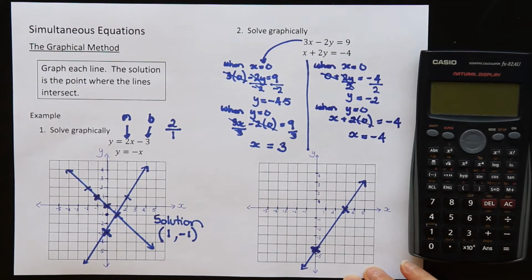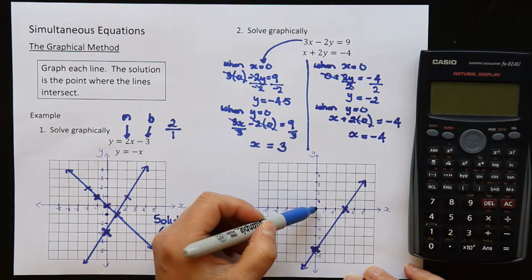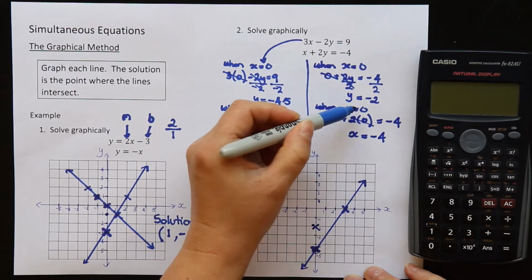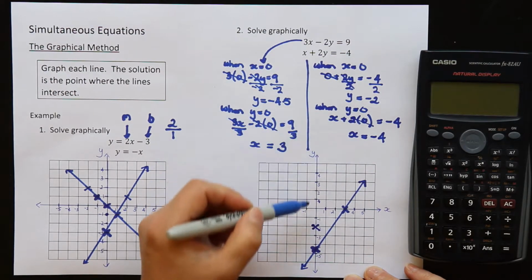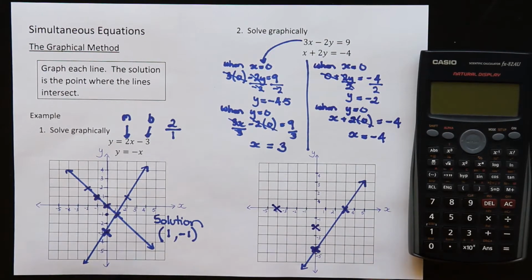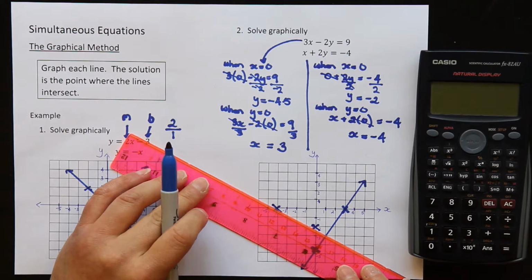Let's sketch that. When x equals 0, y equals -2 is here. When y equals 0, x equals -4 over there. Okay, let's see how we go here.